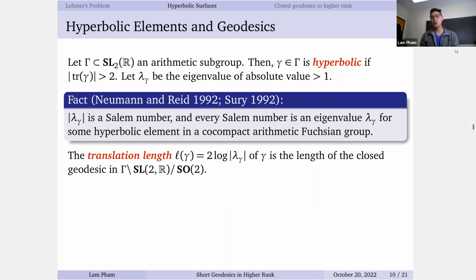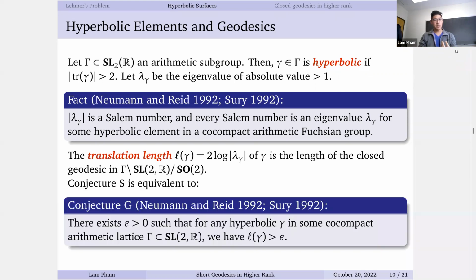So you take SL2R, you get the symmetric space, which is in this case the hyperbolic plane, and you quotient by gamma. A hyperbolic element will have an axis along which it acts as a translation, and when you project onto the quotient by gamma, that axis will become a closed geodesic in that quotient.